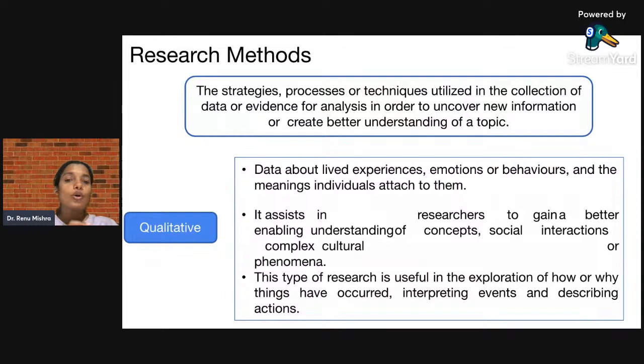So when I want to understand what goes on in their mind when they are going to buy Louis Vuitton, that data falls into the category of qualitative data, and I'm employing qualitative research methods. When I want to understand their behavior or any emotions they are going through, for that kind of research, I'll go with qualitative research methods.